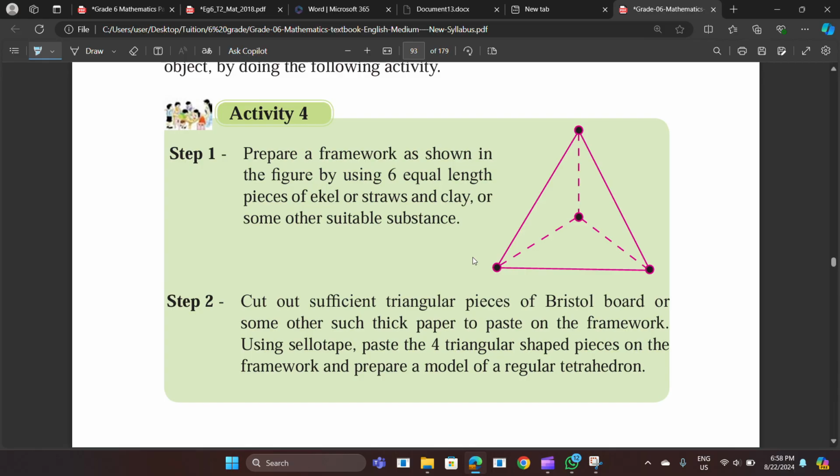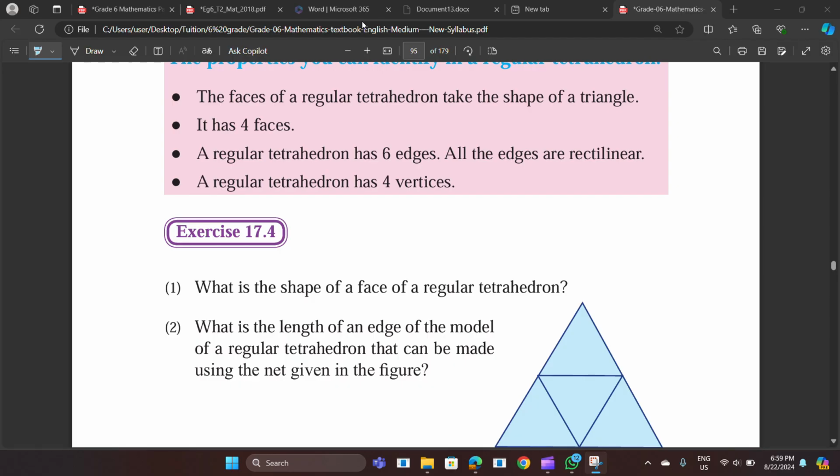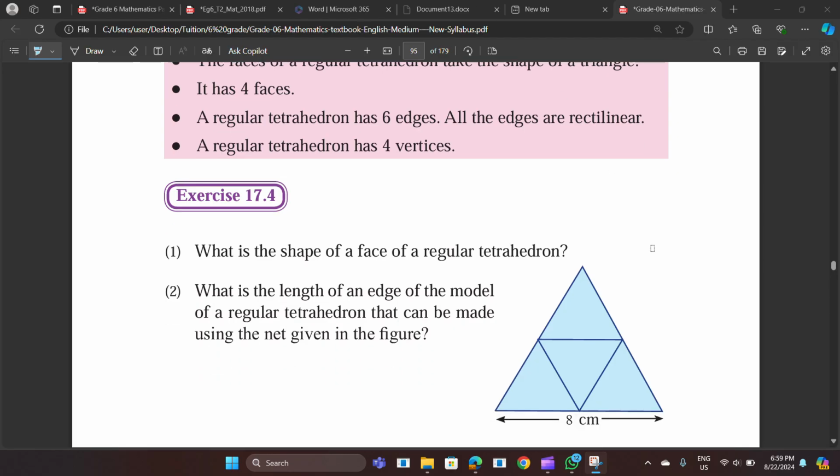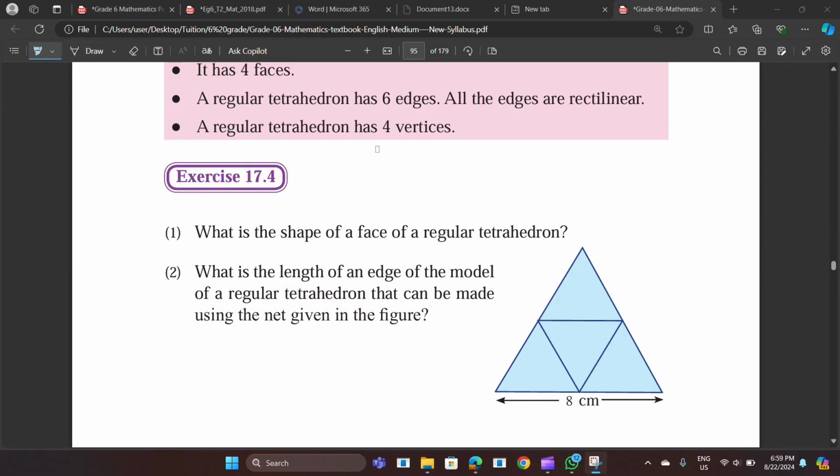The next solid is the regular tetrahedron. This is made up from triangles. These triangles are the same in size. Look at this.